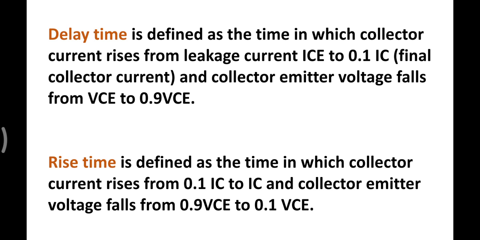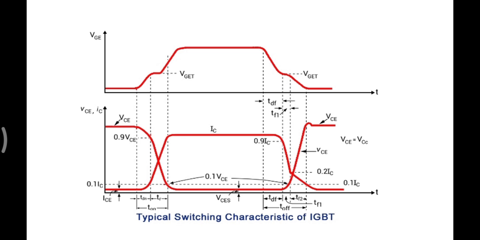Time taken to rise the current from leakage current ICE to 0.1 IC. This is in terms of collector current. And how can we define delay time with respect to voltage? The collector emitter voltage falls from VCE to 0.9 VCE. It is defined as the delay time.